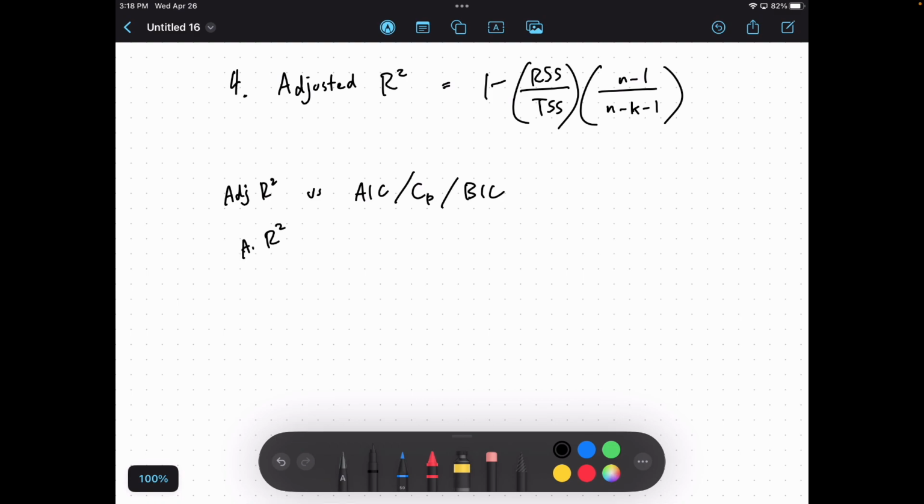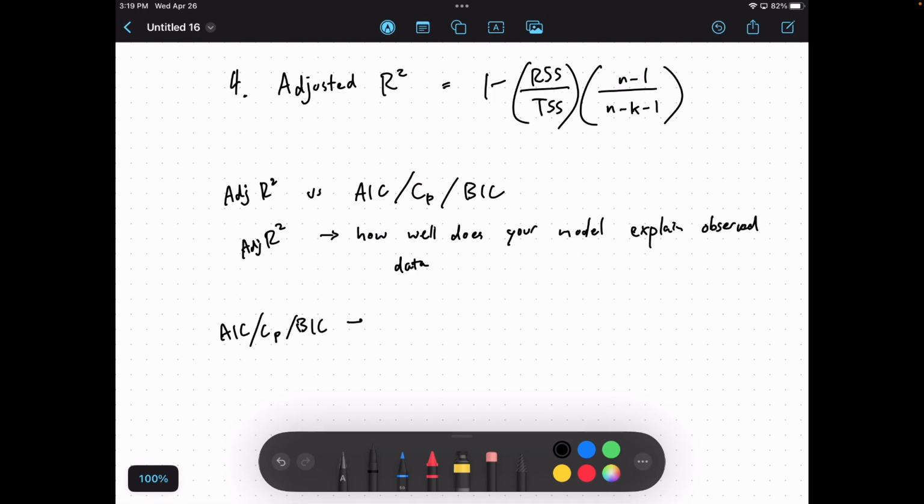The R squared or adjusted R squared tells you how well your model explains observed data, whereas AIC, Cp, BIC tell you how well your model will fit new data.